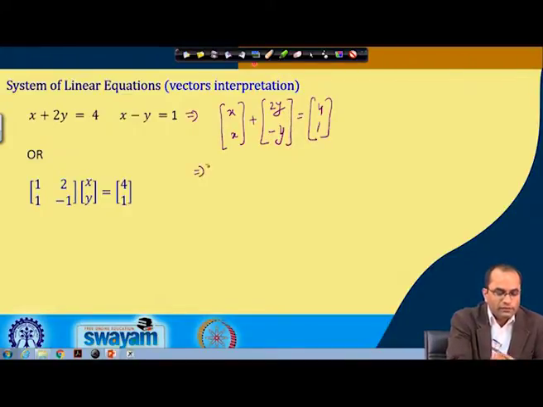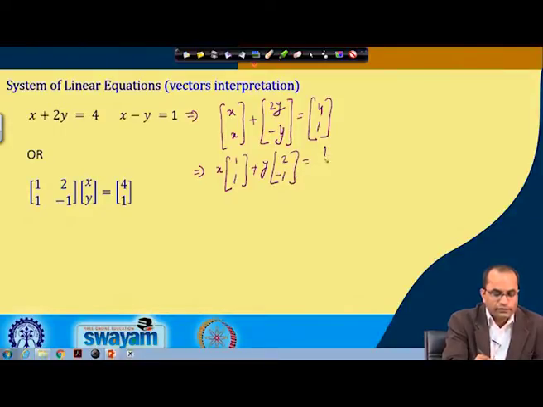Or we can write this as x times the vector 1, 1 plus y times the vector 2, minus 1, is equal to the vector 4, 1.